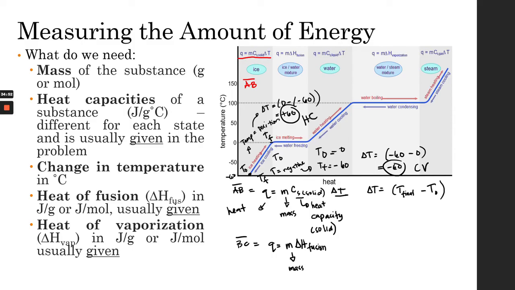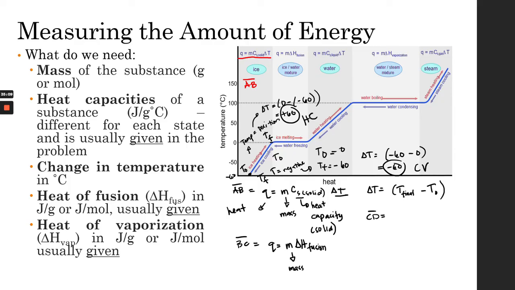Only those two. And the heat of fusion is usually given. Quite simple. You don't have to measure the temperature because, as you can see, there's no temperature change anyway.